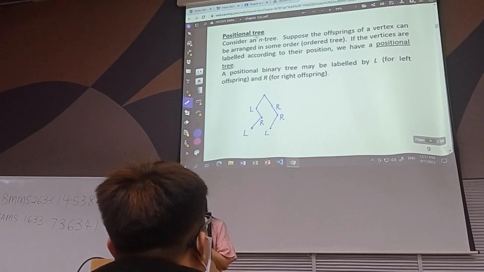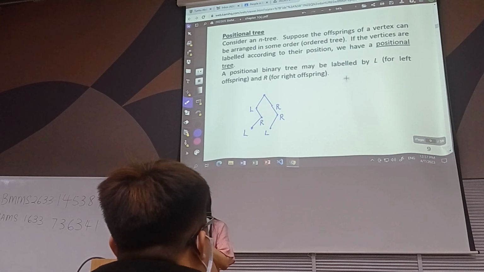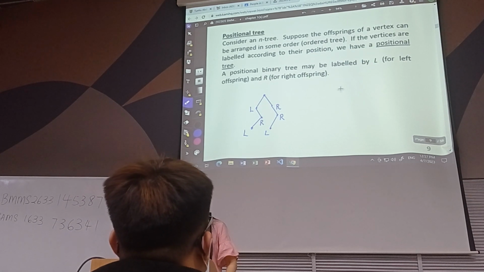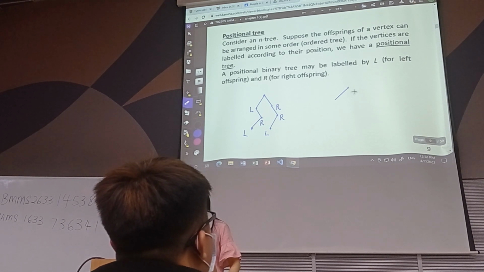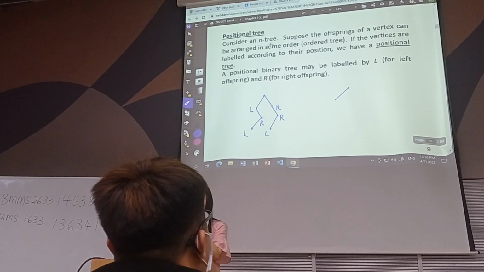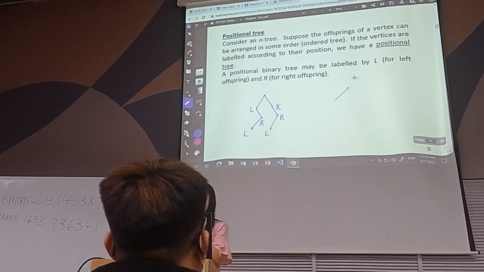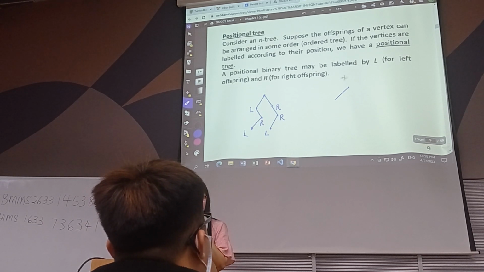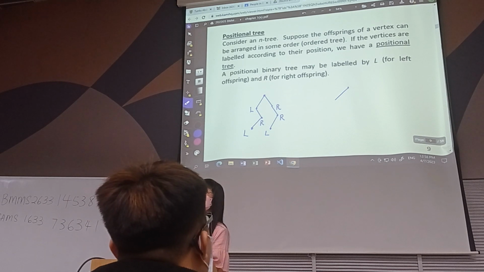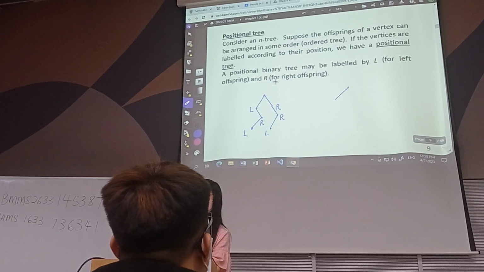So if this n is 3, then maximum how many paths come out? Binary is 2, right? Binary means 2, so binary maximum you have 2 paths, left and right.